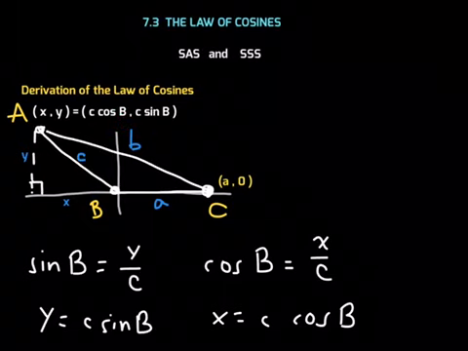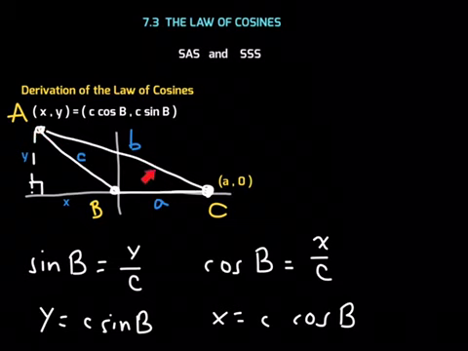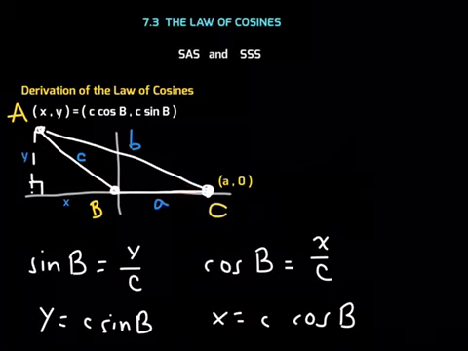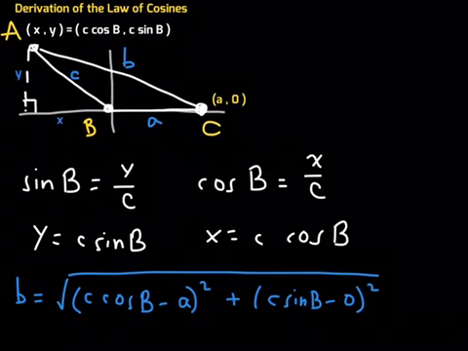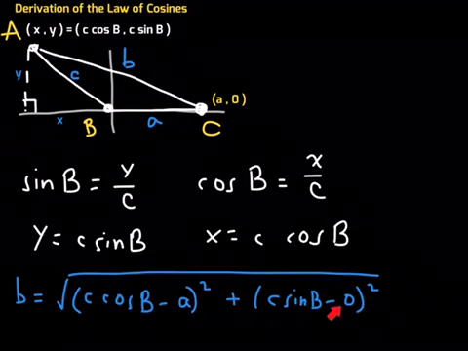All right, now what we can do is use the distance formula to write an equation for side b, or if you like, side AC. The distance formula gives b is equal to the square root of the sum of the squares of c cosine b minus a and c sine b minus 0.